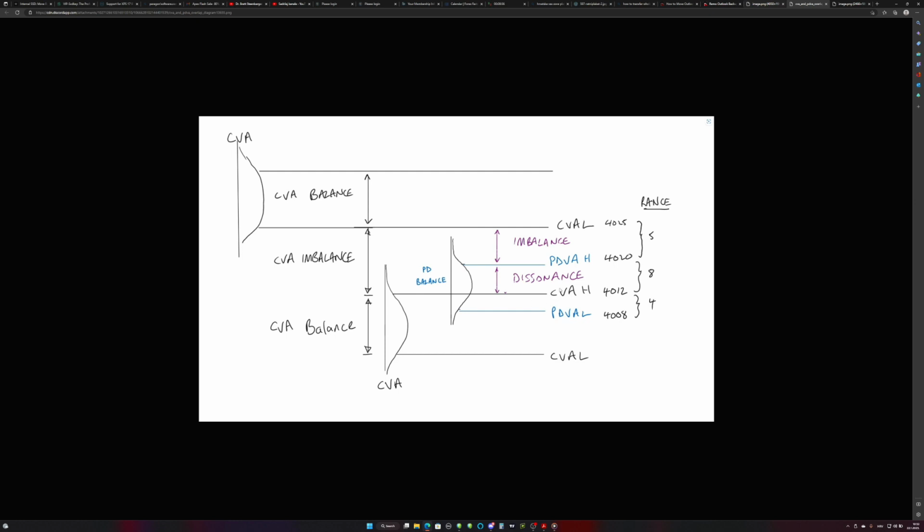CVA high is a bigger level than previous day value area high, but CVA high is a recent level, and this is an older level. So again you have to make a ranking of these levels.